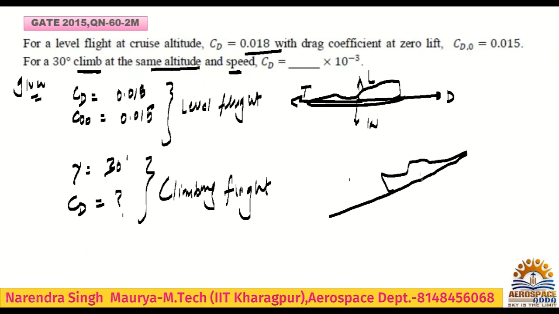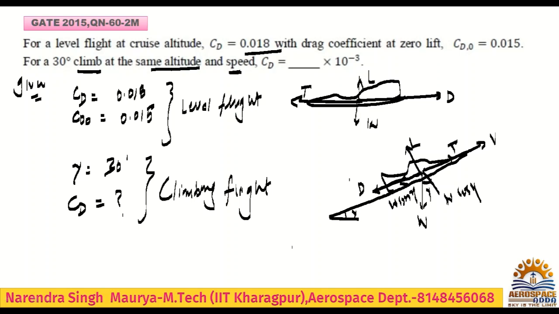Okay, now fine. This is gamma, the climbing angle. The aircraft is not moving in this direction, it is climbing. Perpendicular to this we have the lift force, and opposite to the motion we have drag. This is the W. This will be gamma, so this will be W cos gamma, and in this direction we have W sin gamma, and thrust will be used to give forward motion to the aircraft.